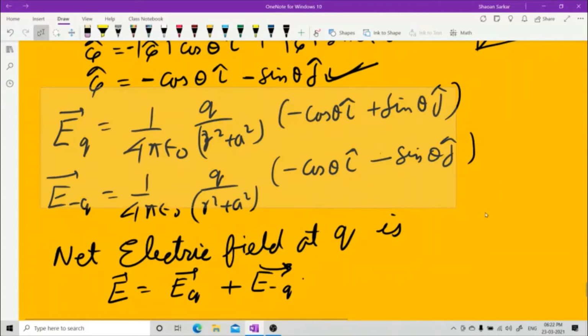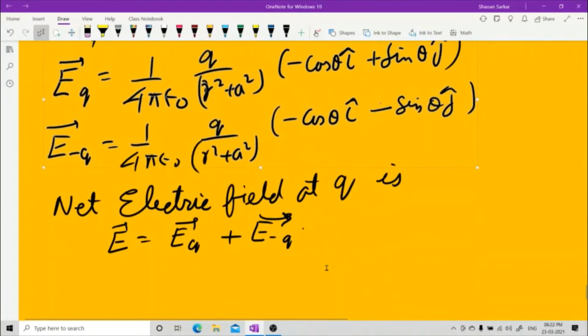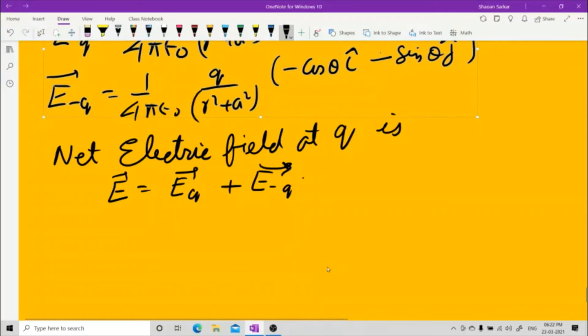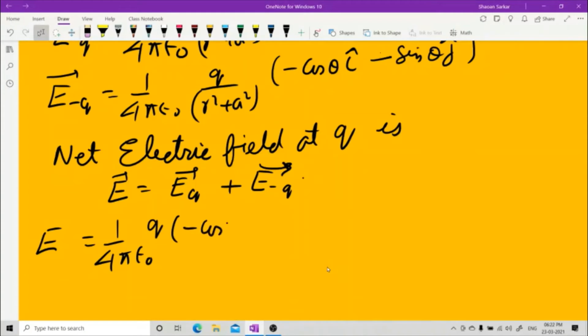You have E equal to 1 by 4 pi epsilon naught Q, then minus cos theta i plus sine theta j upon R square plus A square.